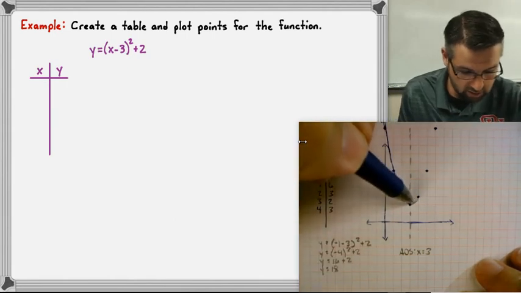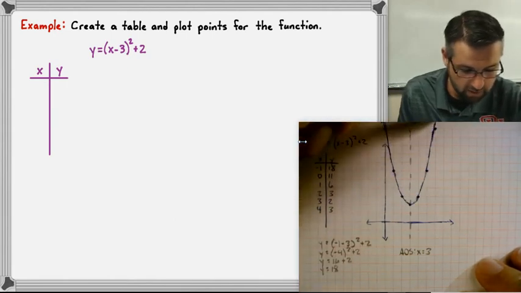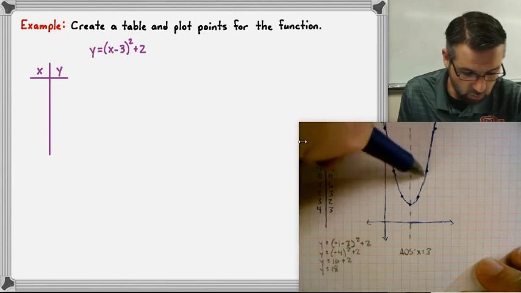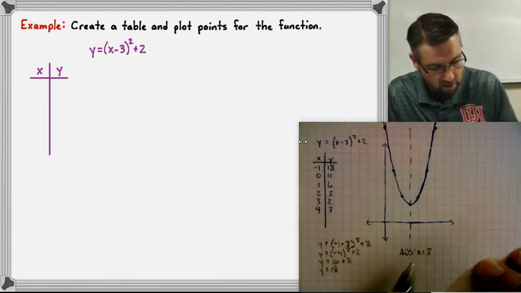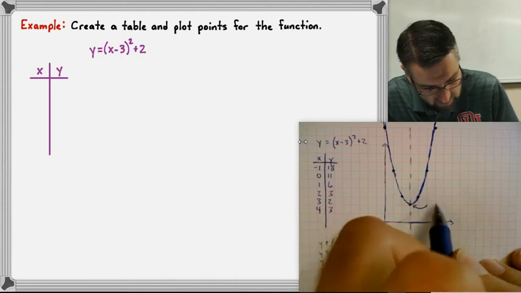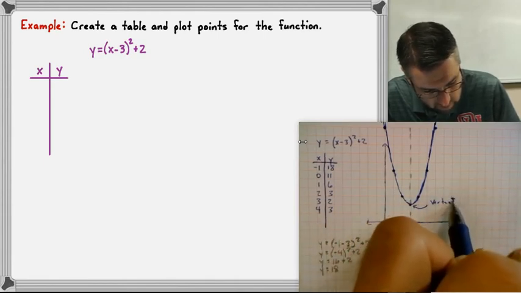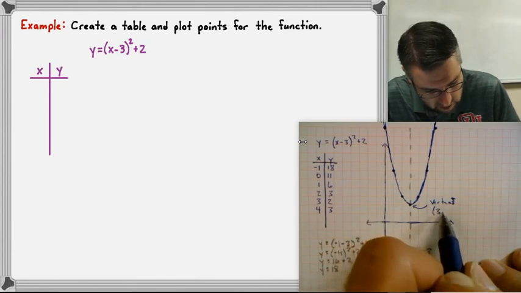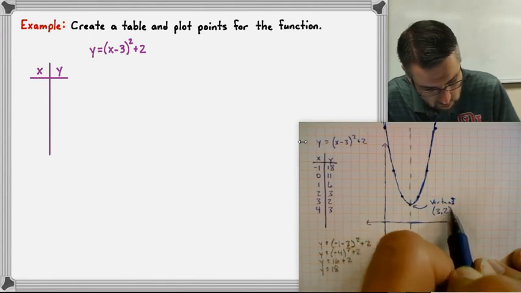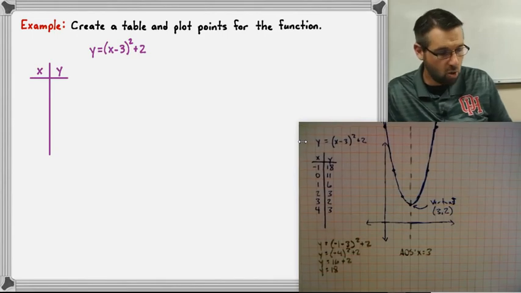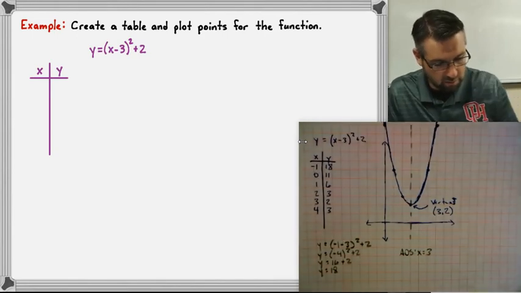So there is the graph of the parabola. What is it that I really want you to see here? Well, the vertex, let's go ahead and identify the vertex. The vertex is 3, 2. Well, where do we see the 3 and the 2?